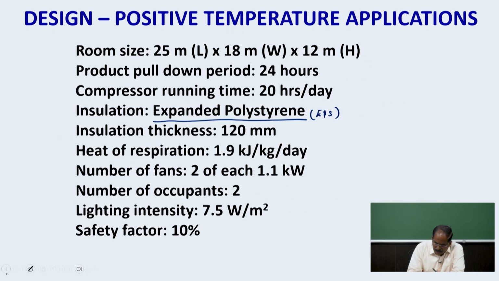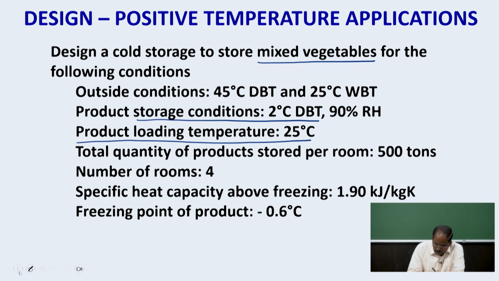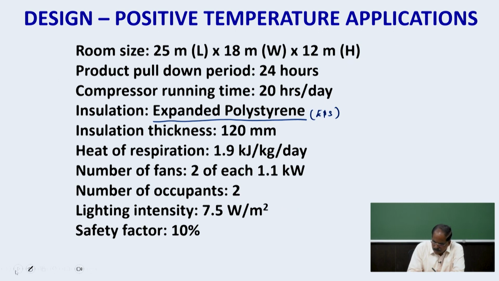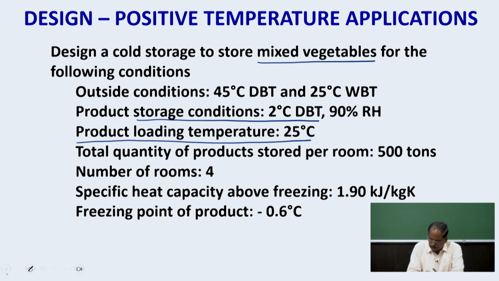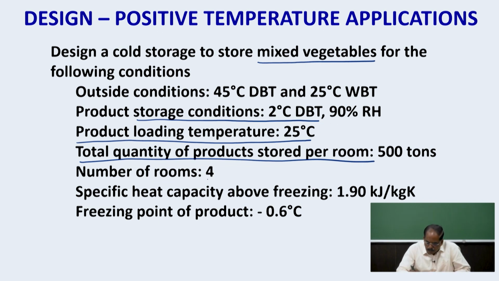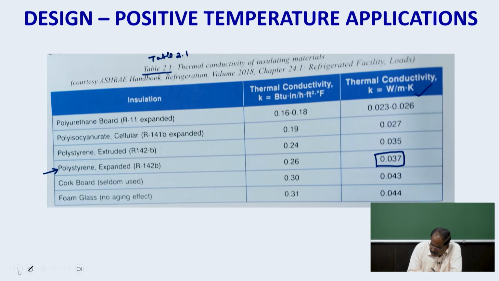This 500 is given in the problem: the total quantity of product stored per room. The number of rooms is 4, so the total is 2000 tons, and in one room they are storing 500 tons.